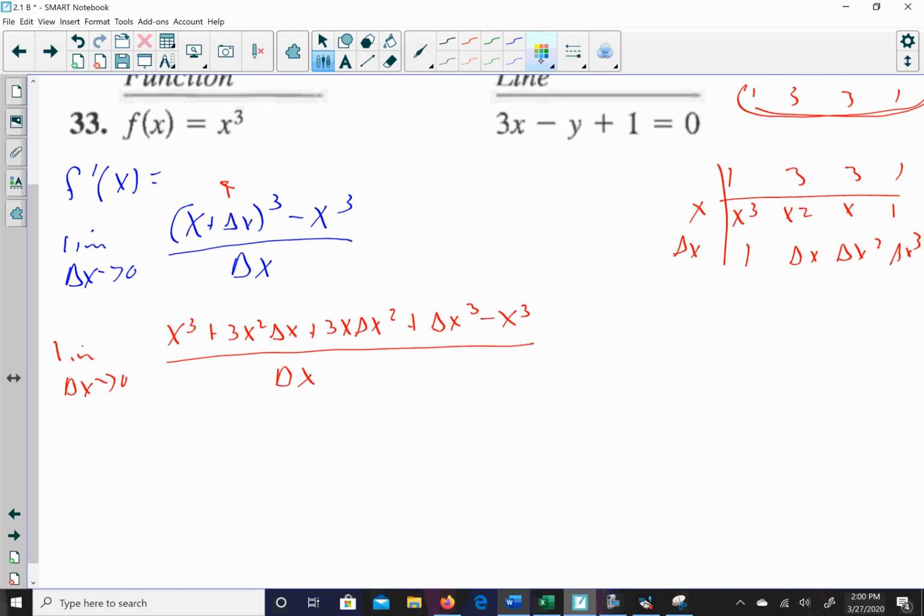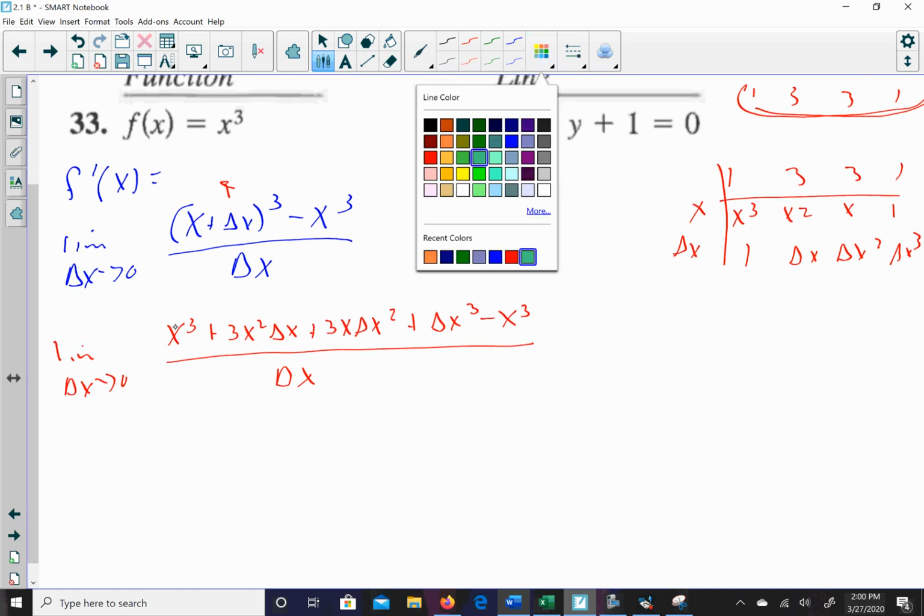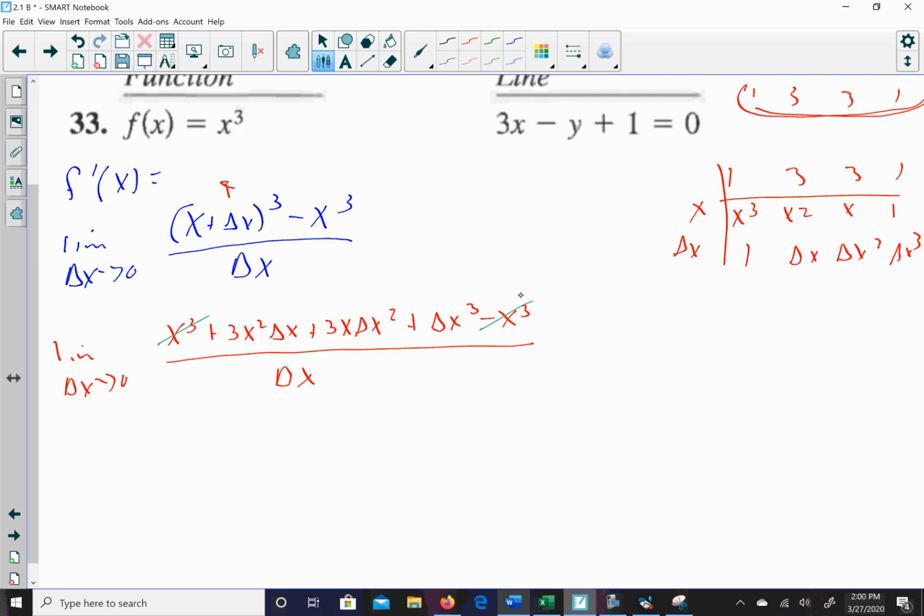So now I'm going to simplify what I can simplify. So the x to the third should equal 0. I'm still taking the limit as delta x approaches 0, and I end up with, I'm factoring out the delta x while I'm at it, 3x squared plus 3x delta x plus delta x squared, and this is all over delta x.